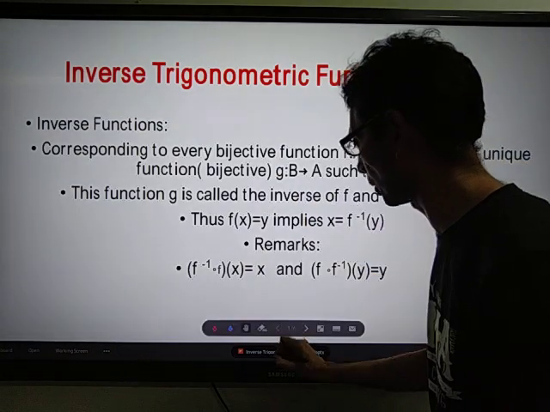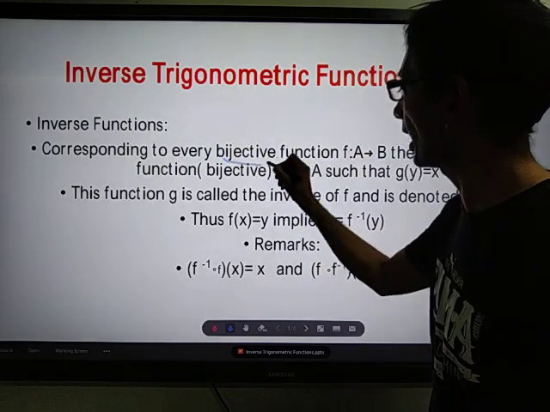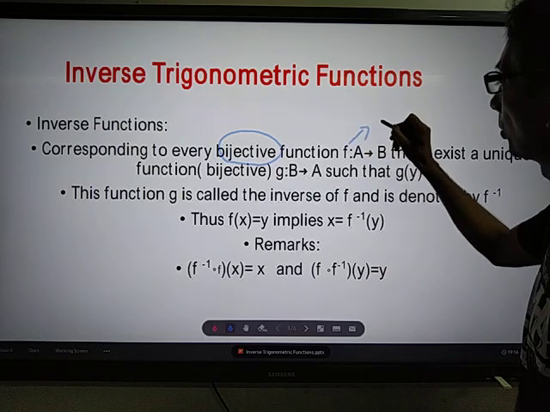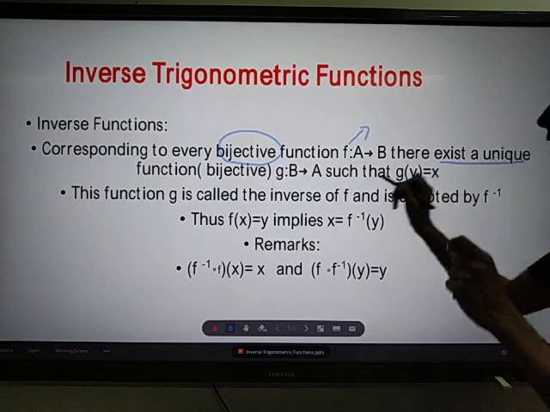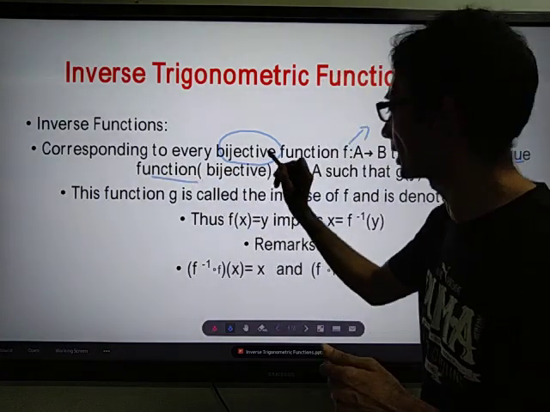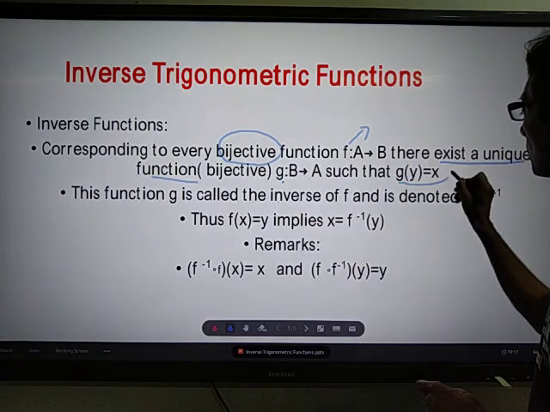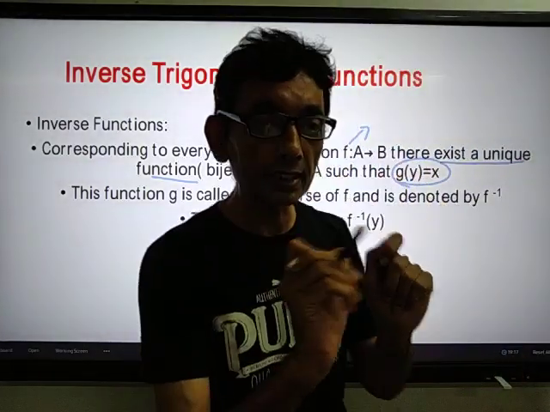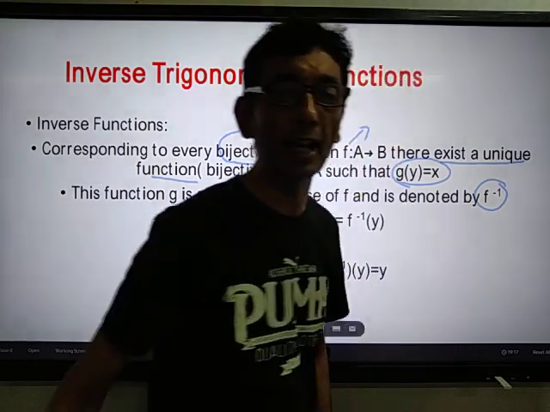Remember these 2 points, very important: corresponding to every bijective function f, there exists another unique function, also bijective, g from B to A, such that g(y) equals x. Now here g is said to be the inverse of f and is denoted by f inverse.